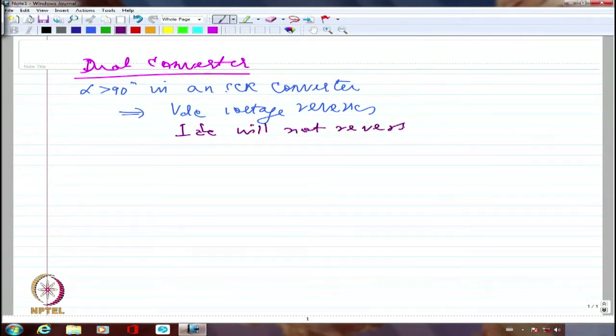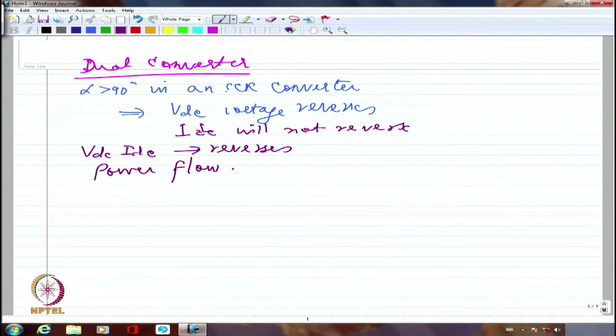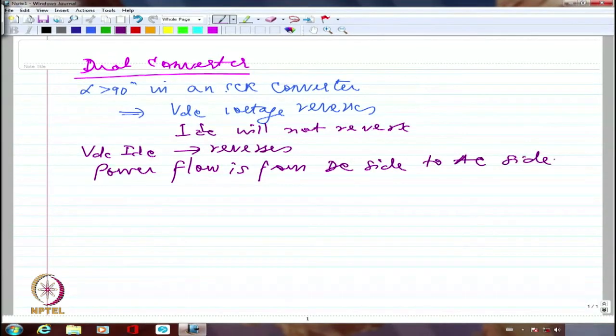So VDC times IDC reverses, which means power flow is from DC side to AC side. But if the power has to flow from DC side, that means the load has to be active.